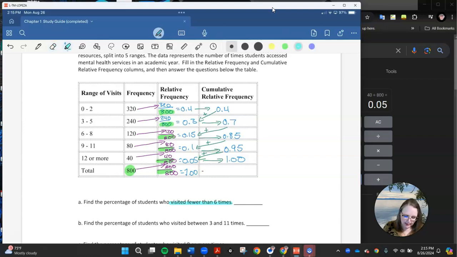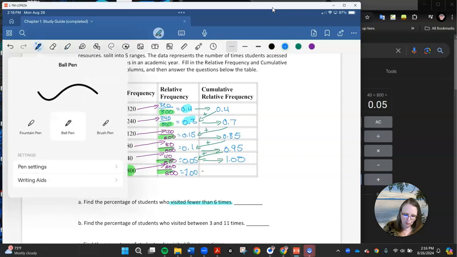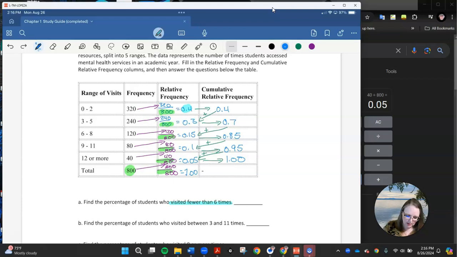I could look at this and add those together, this one here and this one here, and that would also tell me the percentage of students who visited fewer than 6 times, so between 0 and 5 times. But that is what the relative frequency tells us. So all I have to do is look at the relative frequency that comes before 0.6. My highlighter back again. This right here is the visited fewer than 6 times. It is 0.7.